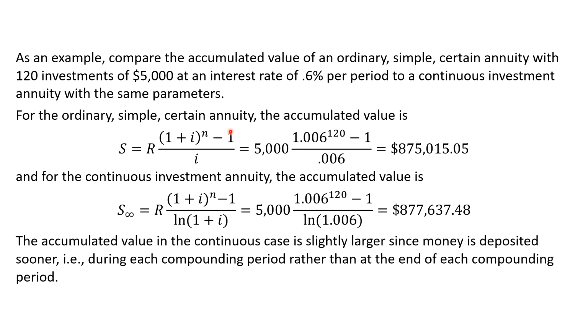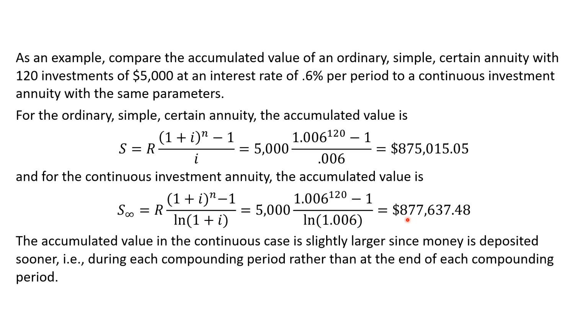Again, we derived this before. This is the one we just derived. And the only difference is in the denominator here. So we plug in 5,000, the interest rate, 1 plus the interest rate raised to 120 minus 1. Then in this case we get 0.006, and in this case it's just the log of that.